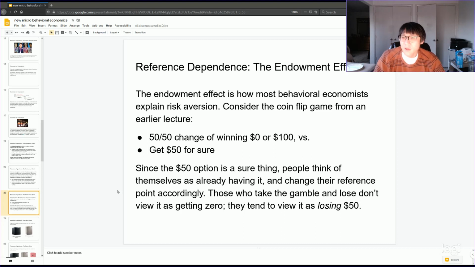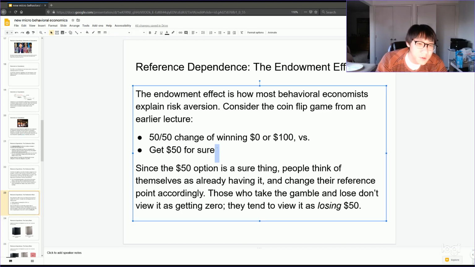I said, let's say that you can choose between a 50-50 chance of getting 0 or 100 versus getting $50 for sure. We tried to explain why so many people would prefer $50 for sure, despite that this game also has an expected value of 50. But the explanation that I gave then had to do with diminishing marginal utility.